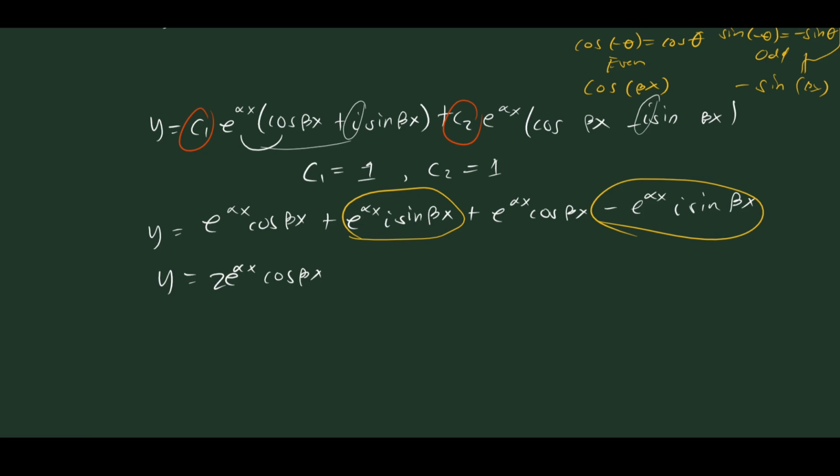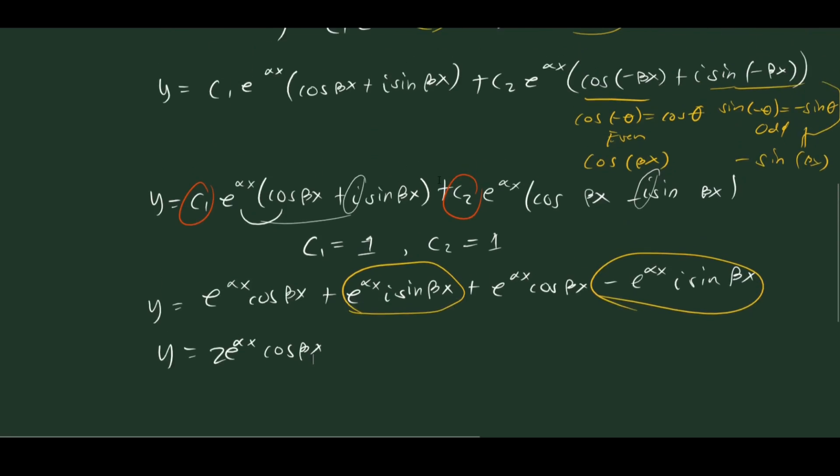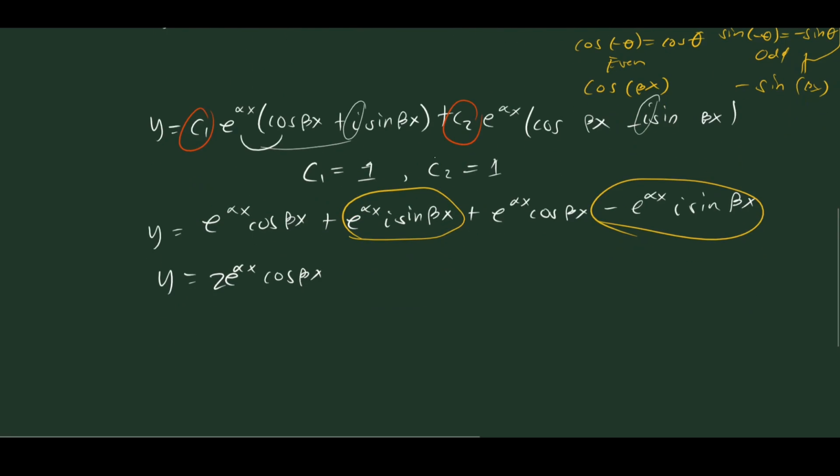If we do that again to the same equation, and we let c1 be equal to 1 and c2 be equal to -1, then we will get another version of this, which is equal to 2e raised to alpha x i sine beta x.